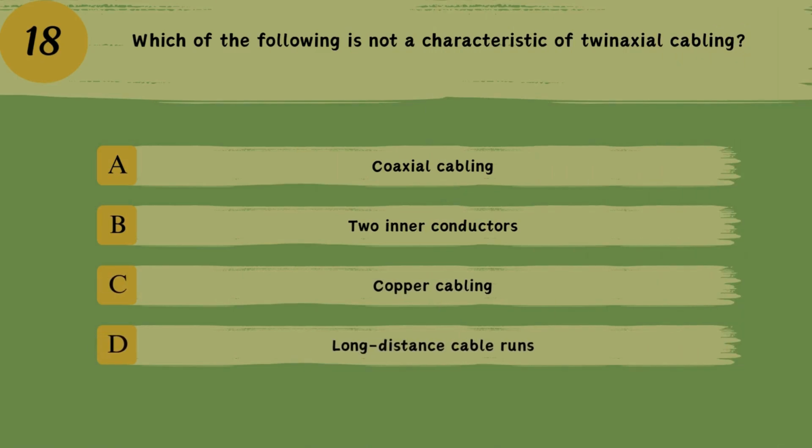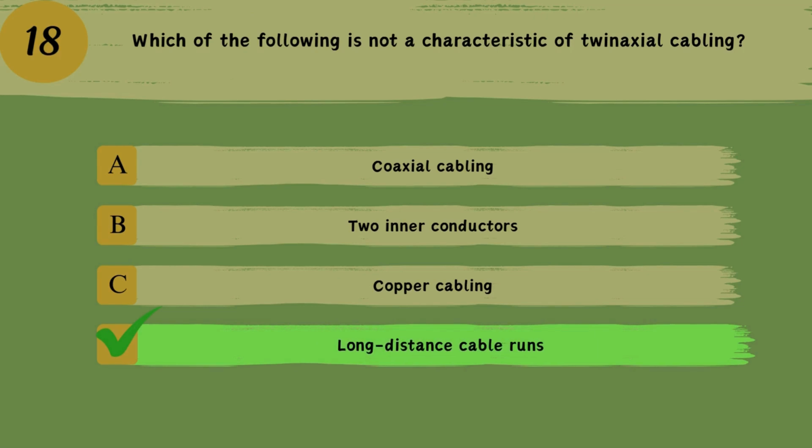Question 18. Which of the following is not a characteristic of twin-axial cabling? A. Coaxial cabling. B. Two inner conductors. C. Copper cabling. D. Long-distance cable runs.